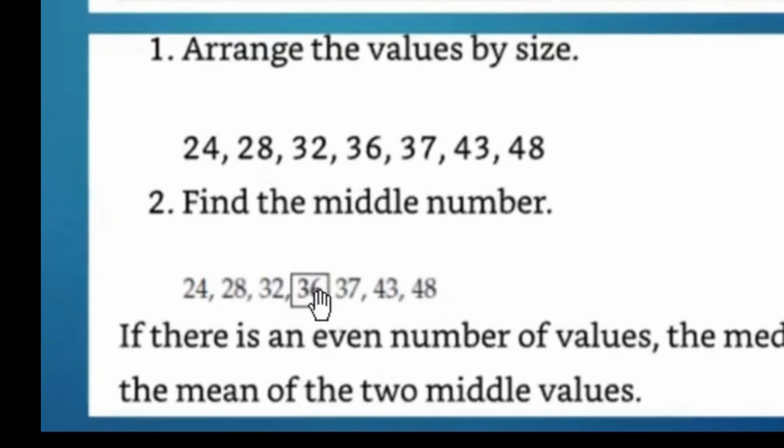So this is a different way of finding the mean. Instead of adding all these numbers and then dividing by 7, we just rearranged them and we chose the number that was right in the middle, okay? And in this case, the value that we found is the median.